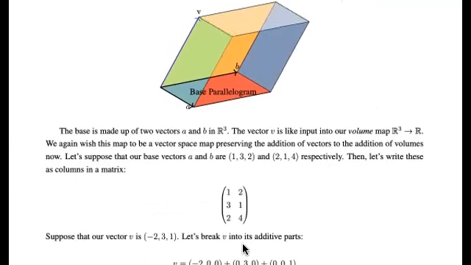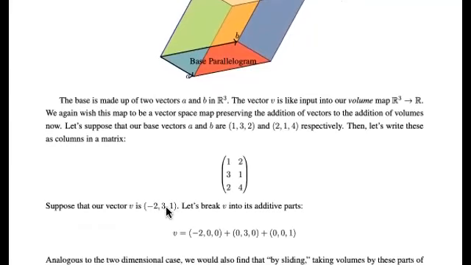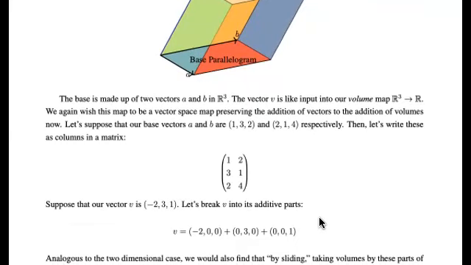We still have to do that even when we go into the base itself. It has an ordering. And suppose we have our vector coming off right here as negative 2, 3, 1. We can break this into an addition problem, negative 2, 0, 0, plus 0, 3, 0, plus 0, 0, 1, in a very basic way. Okay, and then we can slide.